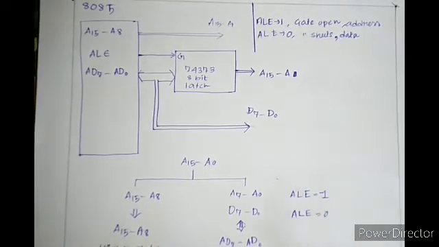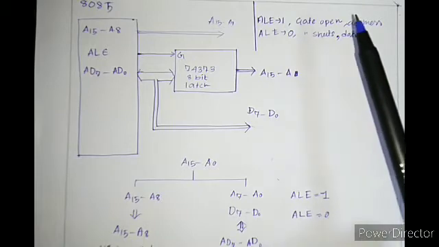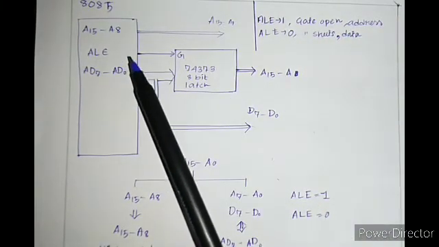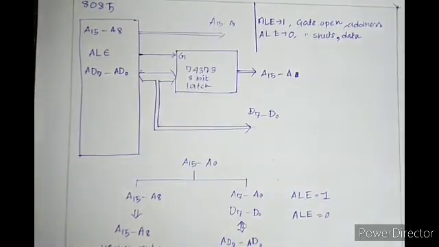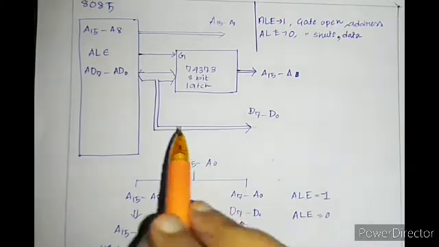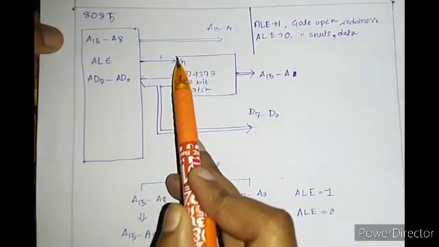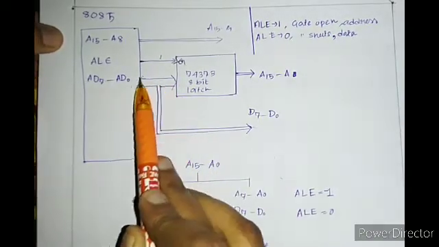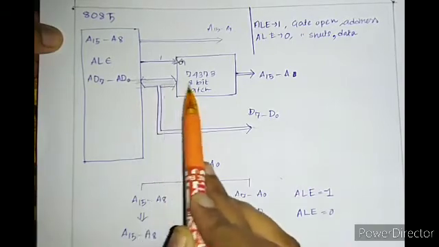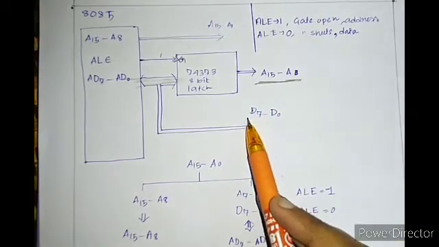Okay. So how is this working? First, suppose at the initial stage ALE is 1, means this gate is opened, means now within this bus the address is going.